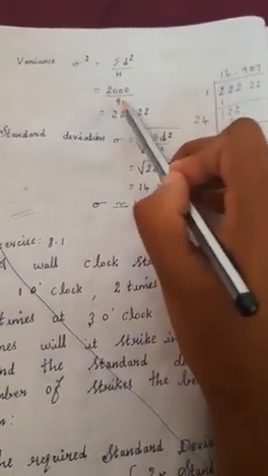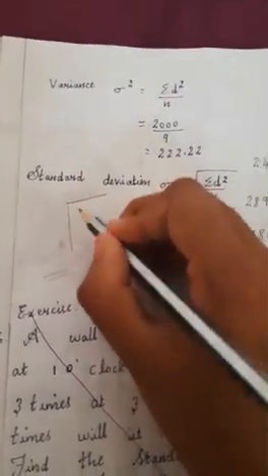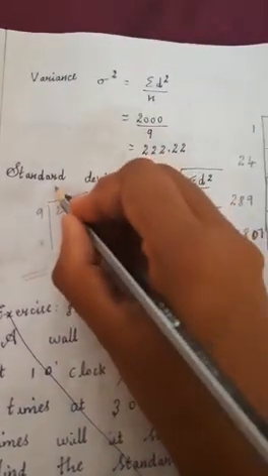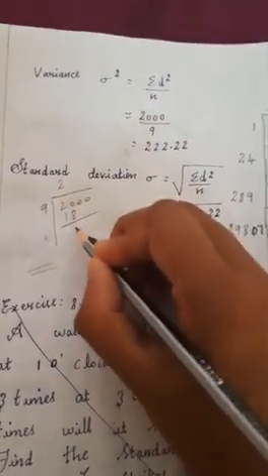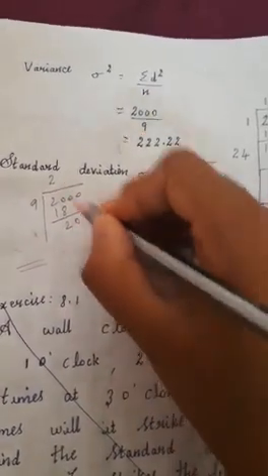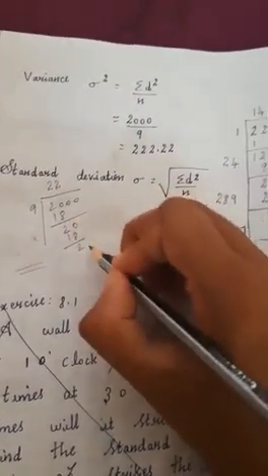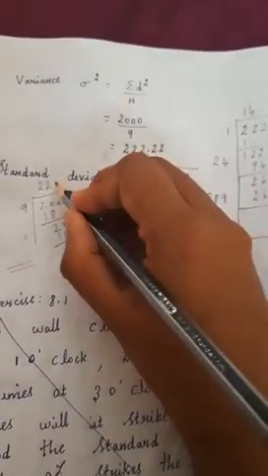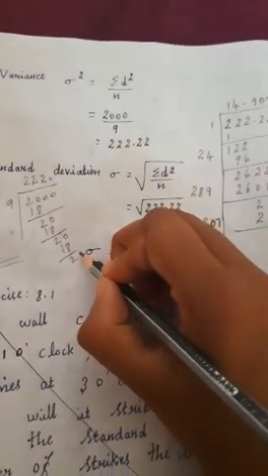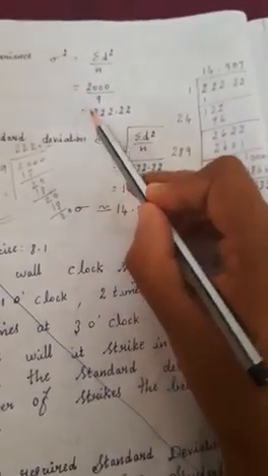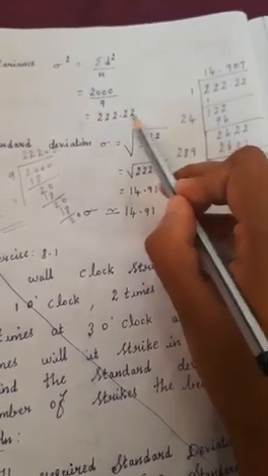So you know how to divide. 2000 divided by 9: 9 2s are 18, remaining 2, then bring down the next 0, again 9 2s are 18, again the remaining 2, bring down one more 0, and it goes on. Then put the point and put the 0 here, and it keeps going on. So the answer, variance sigma square value, is 222.22.